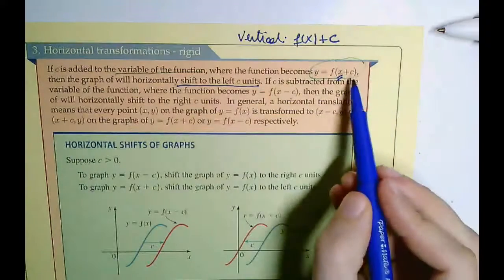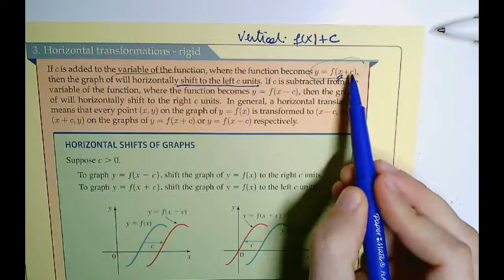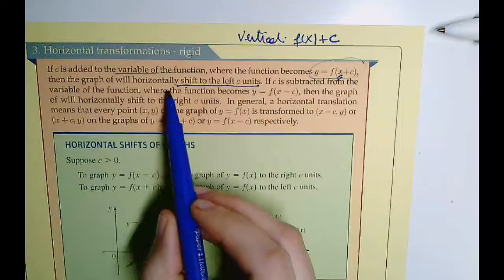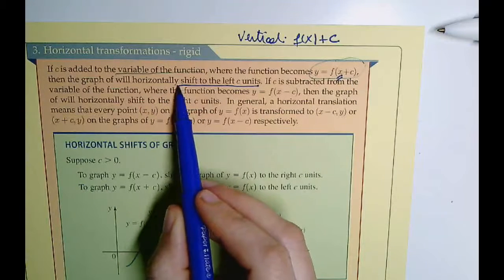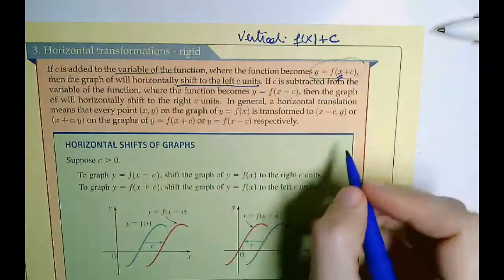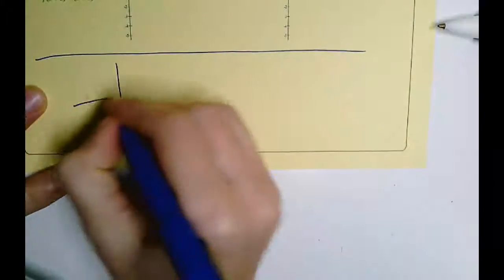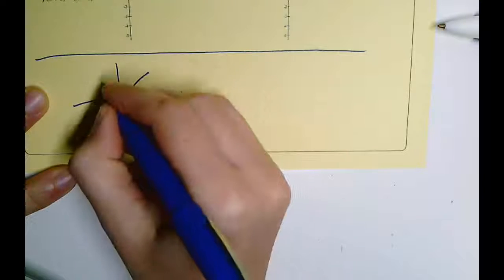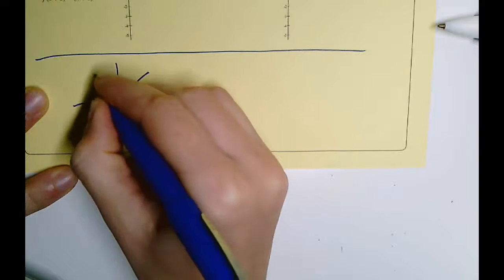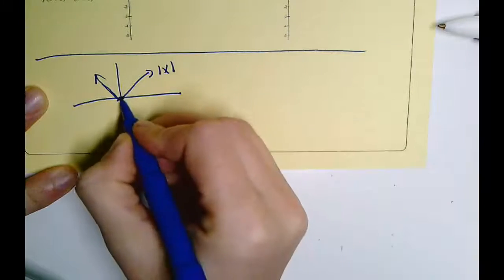So if you add a constant c to x, then the graph will be moved to the left that many units. So let's think about that a little bit. On the side, down below here, if I have the graph of absolute value of x, what is the x-intercept right here?